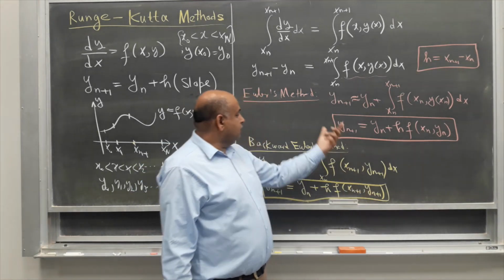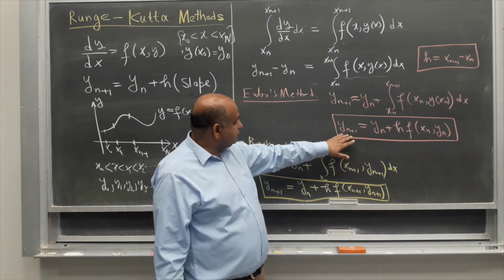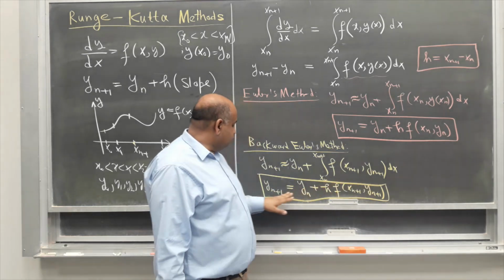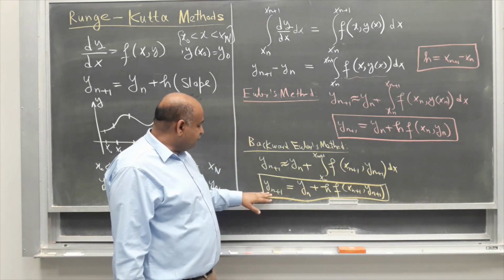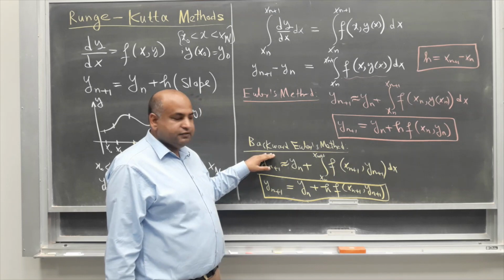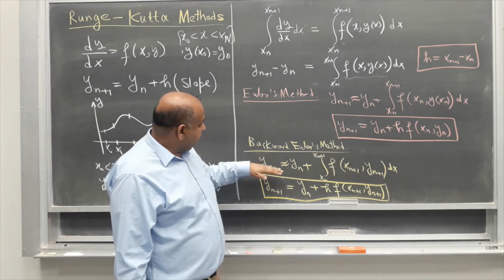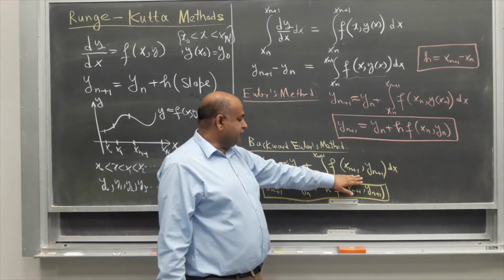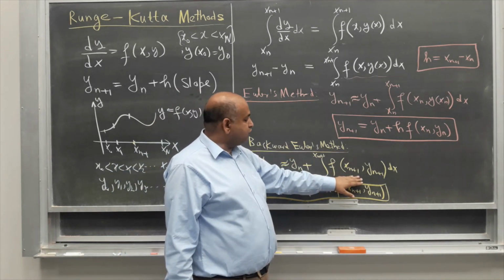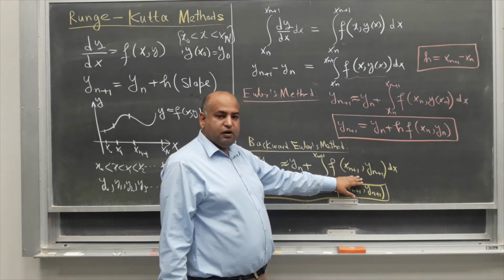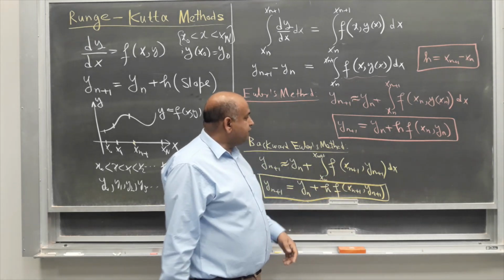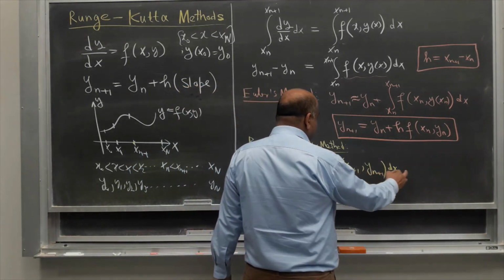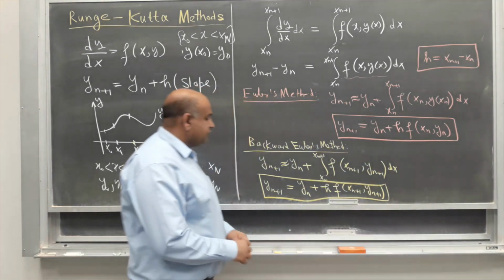For example, we can find this y_{n+1} using the forward Euler method, plug it here, and then compute the more correct y_{n+1} using this method. So we see that these two methods are essentially the same. There's only a difference in approximating f at two different values. That's why they both have the same order of error, because if we think of the Taylor series, we are neglecting terms of the order of h from this expansion.